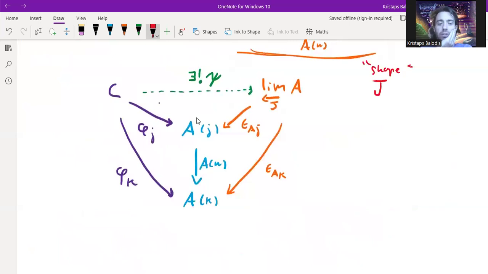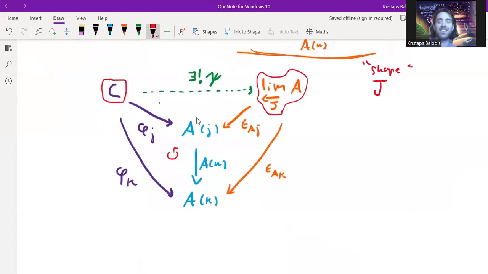So if we have a limit of shape J, what that means is there exists some object that we normally call by this, such that for any object that has maps making this triangle commute. So I should slow down.